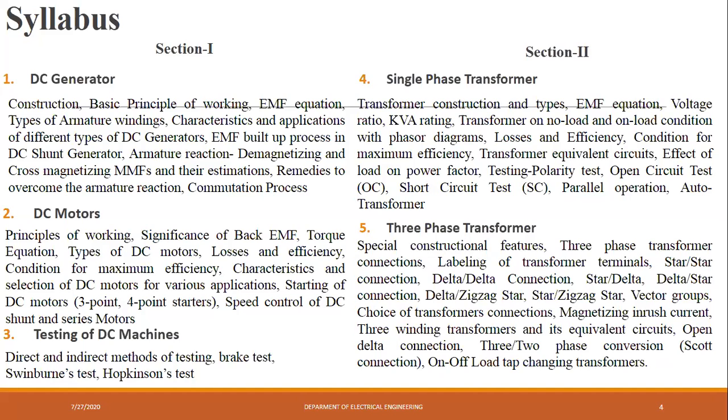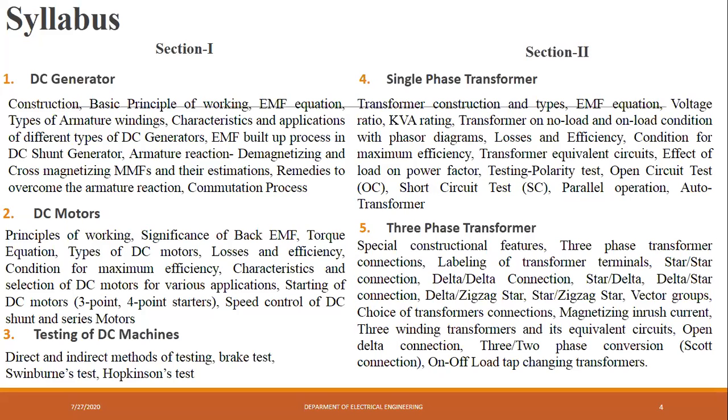Okay, and in the second section there is the single phase transformer and the three phase transformer. There is transformer construction, types, working principle, the EMF equation, voltage regulation, transformation ratio, equivalent circuits, losses, efficiency, the condition for maximum efficiency, parallel operation, open circuit test, short circuit test, and the autotransformer, all that we will see in the single phase transformer.